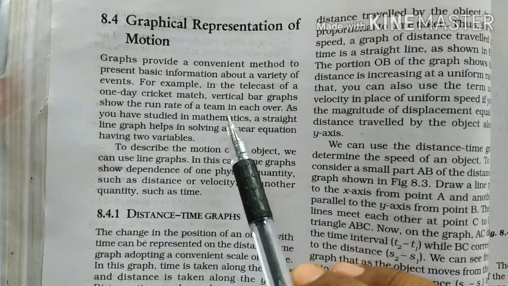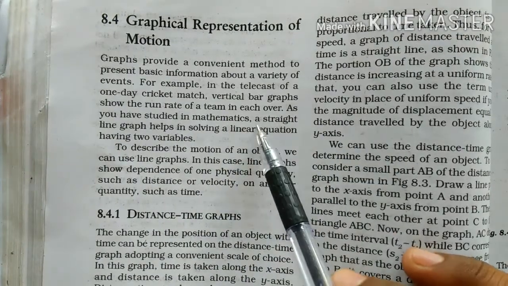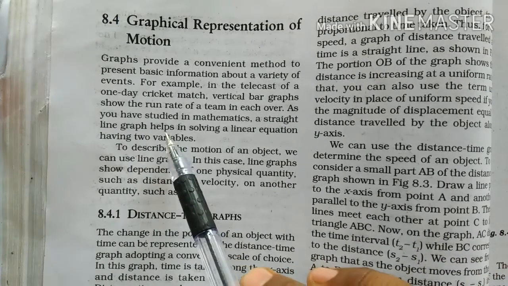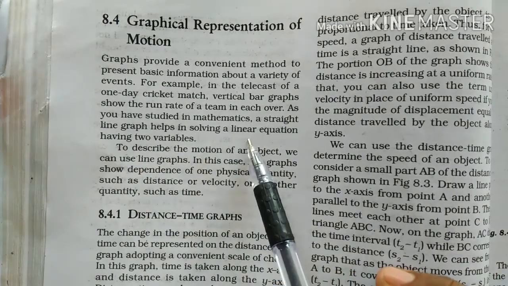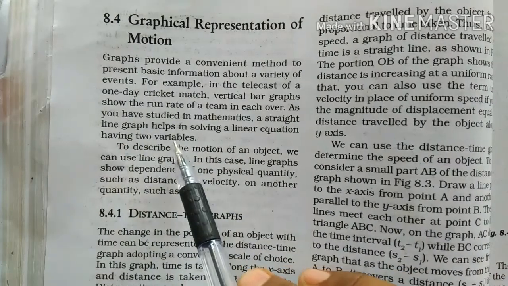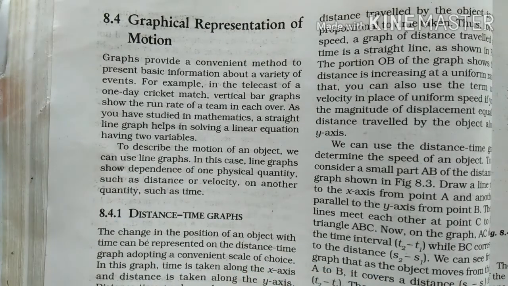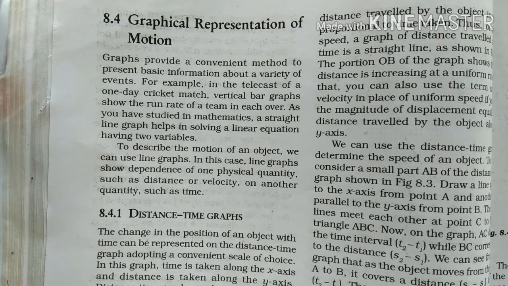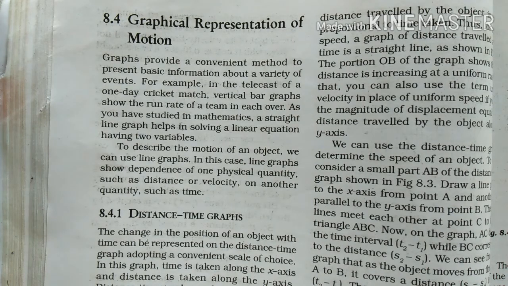A straight line graph helps in solving linear equations having two variables, and in maths the topic is linear equations in two variables. There also we see a straight line graph helps.